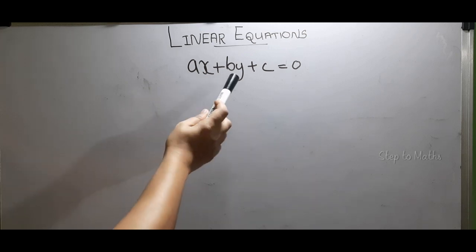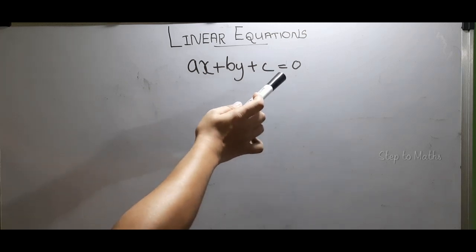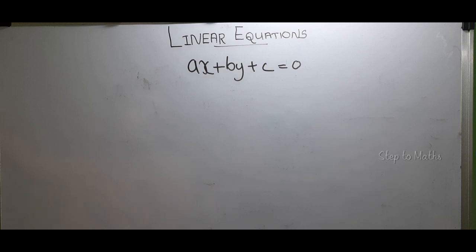ax + by + c = 0 is the general form of a linear equation with two variables.